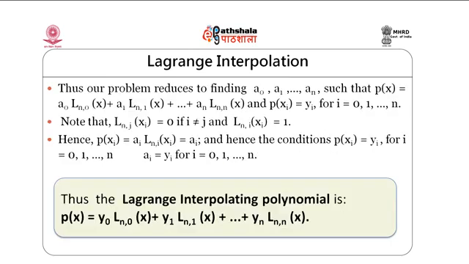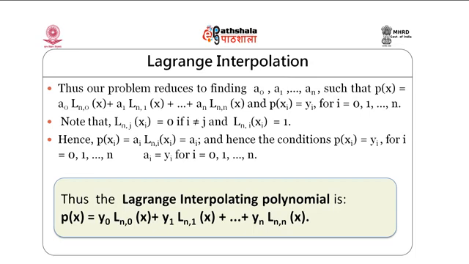Thus, our problem reduces to finding a_0, a_1, a_2, a_3, ..., a_n such that P(x) is equal to a_0 l_{n,0}(x) and so on up to a_n l_{n,n}(x), and P(x_i) is equal to y_i for all i equal to 0, 1, 2, 3 up to n. So, we are given n plus 1 conditions and we have to determine n plus 1 unknowns a_0, a_1, ..., a_n, and these we can determine depending on the properties of l_{n,j}. So, what are the l_{n,j}'s?